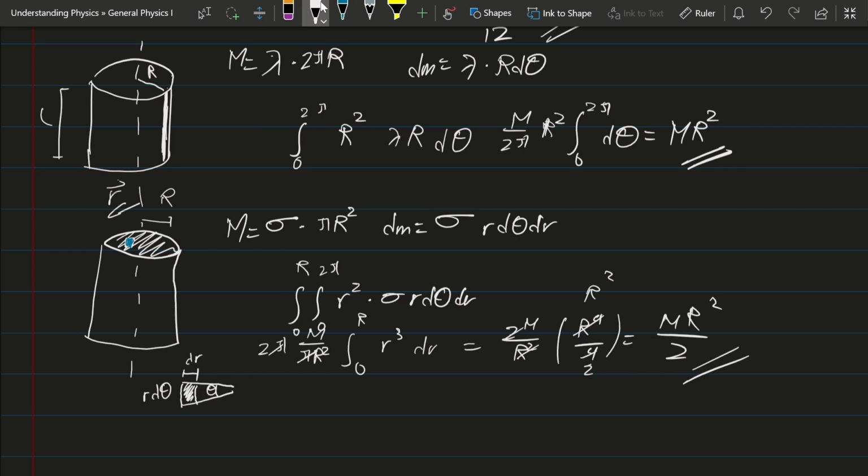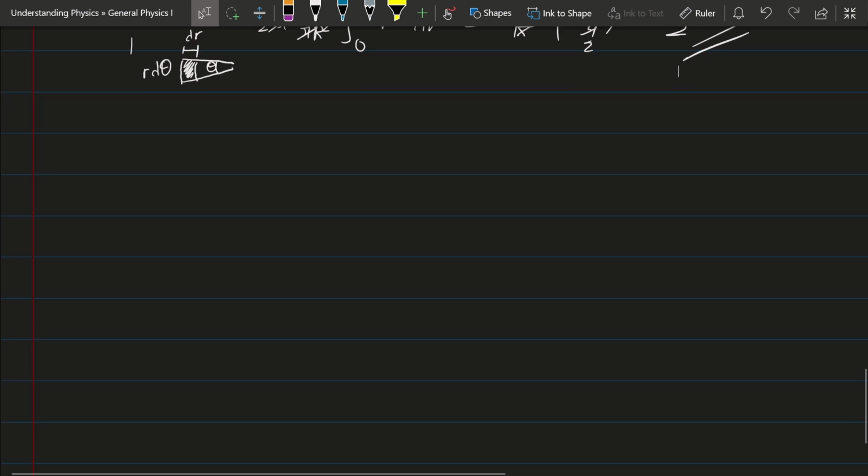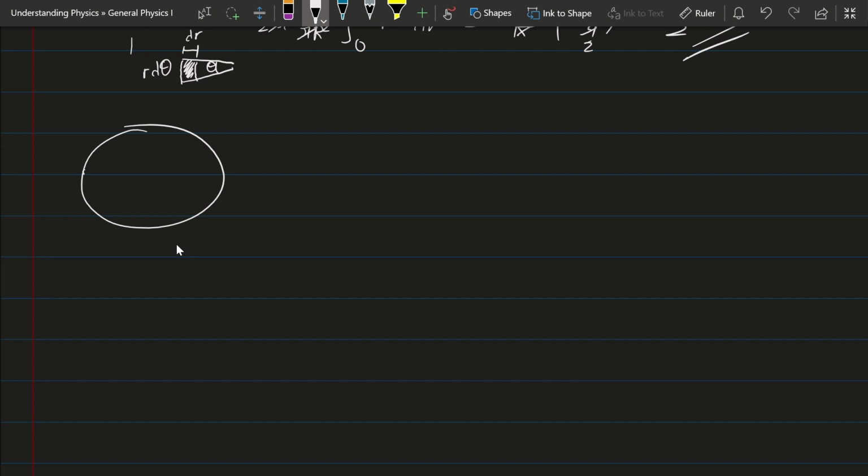So after this, we want to use another symmetry, which will be later dealing with a spherical orb. So if I have this ball here, and I want to spin this using the axis, I will define this guy to be hollow, and it will also be uniform.